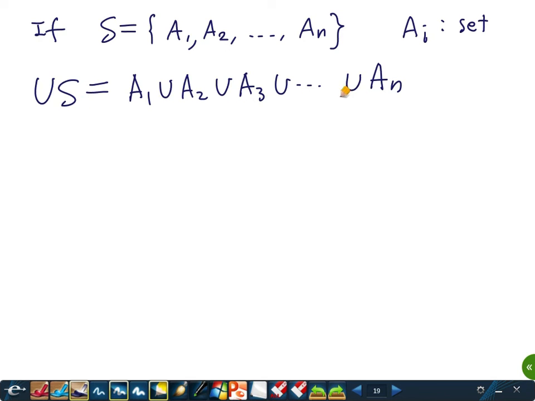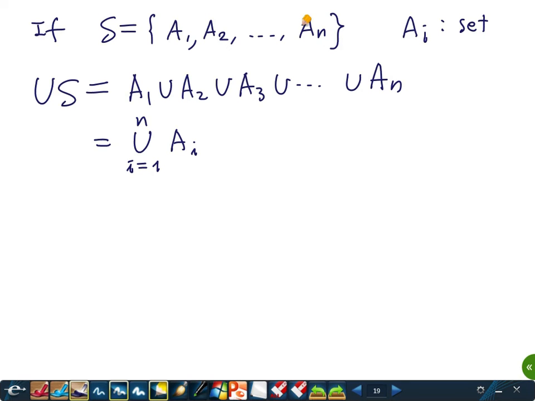Basically, this means this. Or, for shorthand, oftentimes people use this notation. It's like a sigma notation: union i goes from 1 to n of Ai. This is just a shorthand for this. All right? If it's finite.